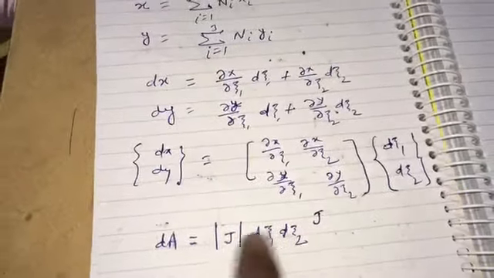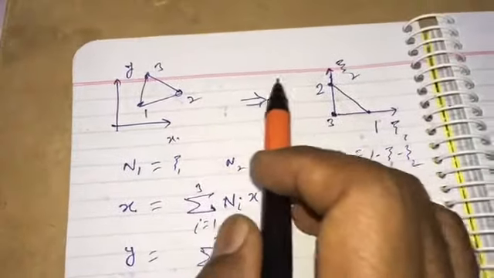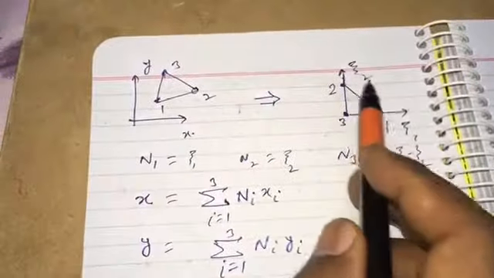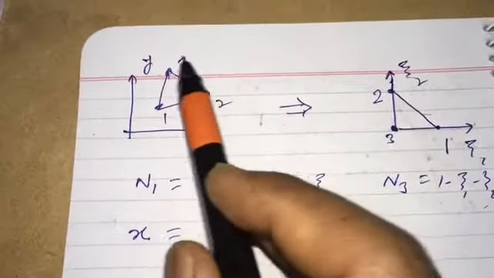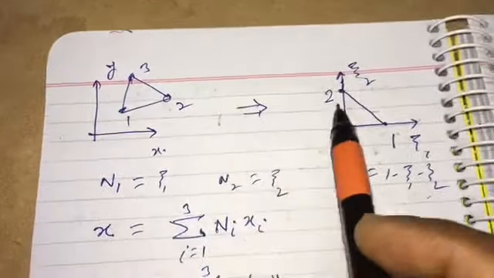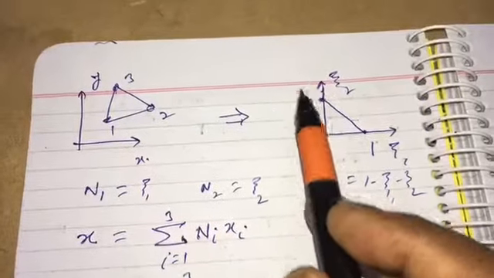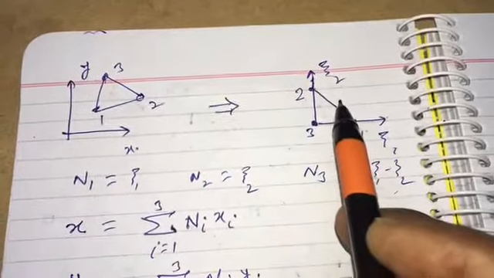But the same relationship you can follow, because regardless of what kind of coordinate system you have on both the sides, the equations will always turn out like this one. Means the area in this coordinate system will be equal to the determinant of the Jacobian matrix multiplied by the area in this coordinate system.